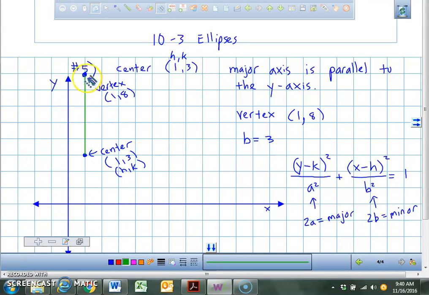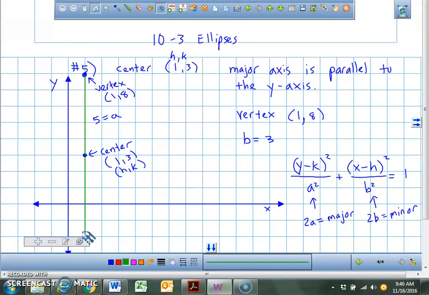From the center to the vertex. We're going to count how many units that is. Looks like it goes up how many units? 5 units. I want you to understand that 5 is equal to your a, which means I would have to go down 1, 2, 3, 4, 5.